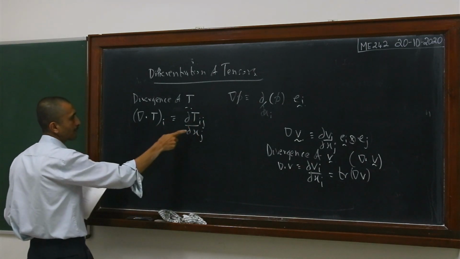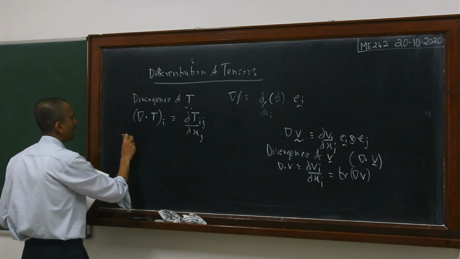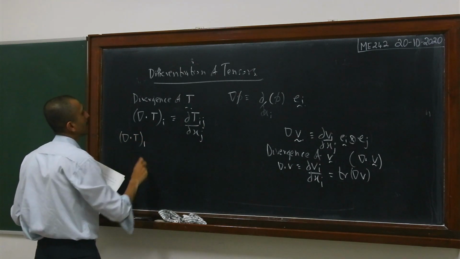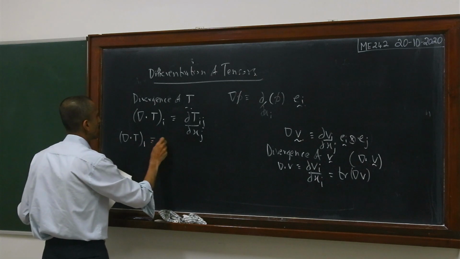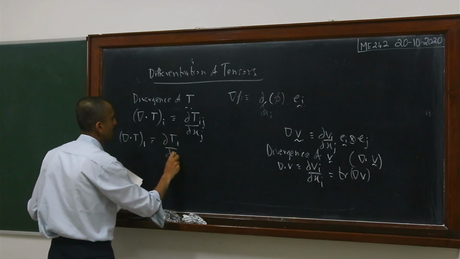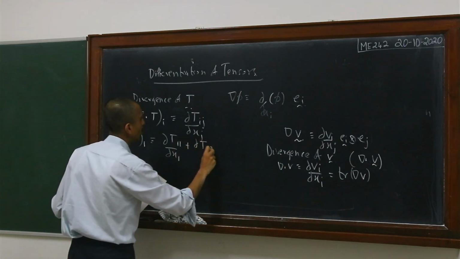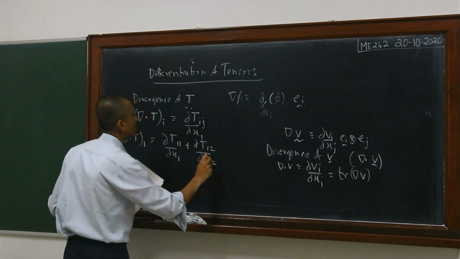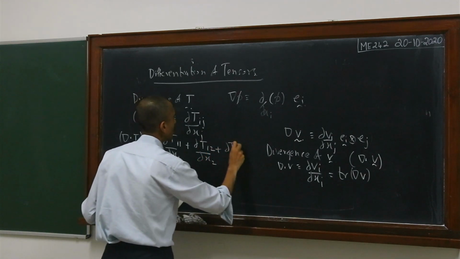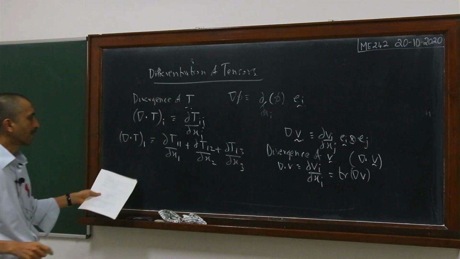If you see, there is a summation over j. Suppose I want to write del dot T, the first component, that is equal to del T11 by del x1 plus del T12 by del x2 plus del T13 by del x3. Then you can write the other components.